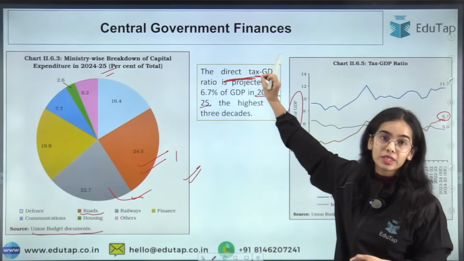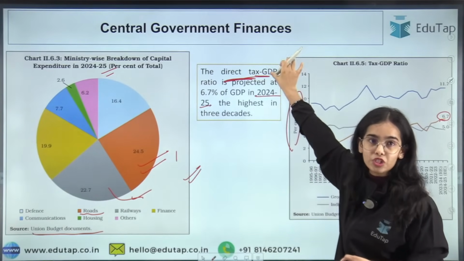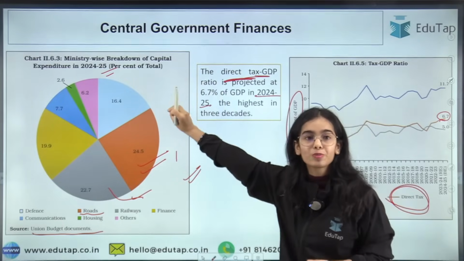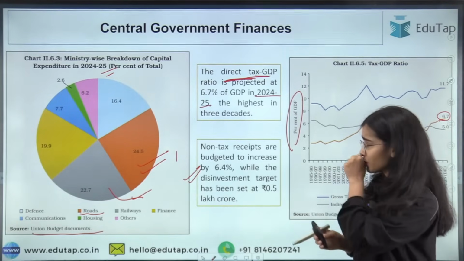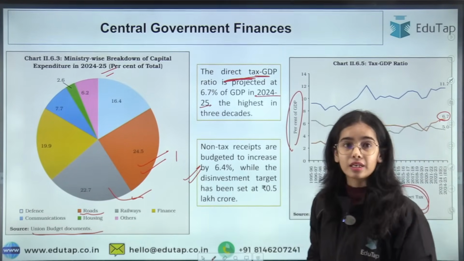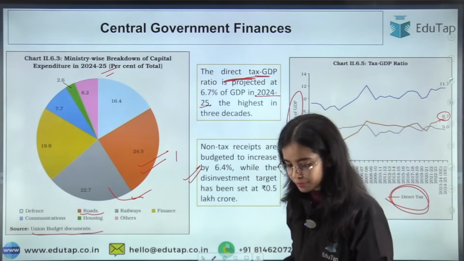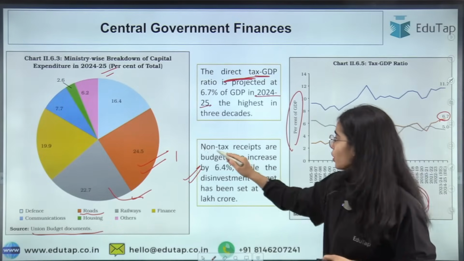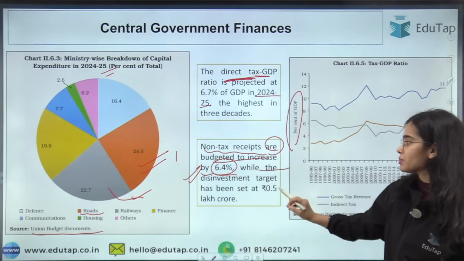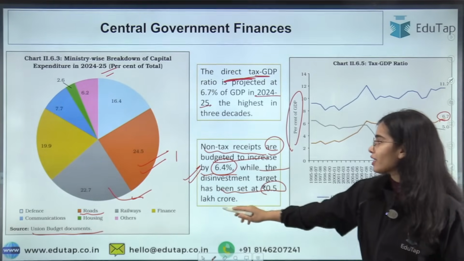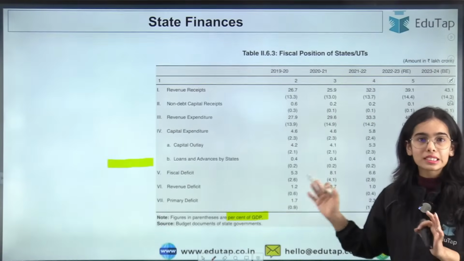So this we had also discussed in the assessment part, that the direct tax as a percentage of GDP is projected at 6.7% of the GDP in 2024-25. So this is going to be good. So it will be the highest in 3 decades. Okay. So the non-tax receipts are budgeted to increase by 6.4%, while the disinvestment target has been set at 0.5 lakh crore for this time period of 2024-25. So this is the complete idea.